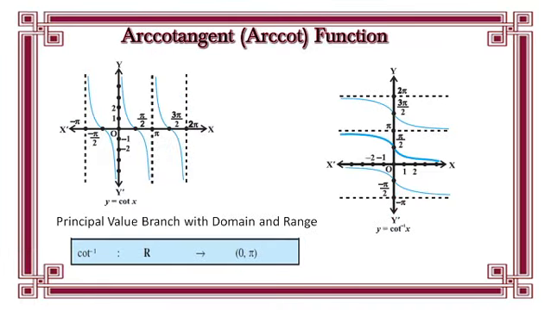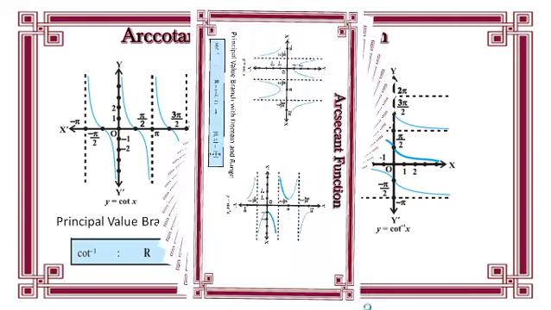Same way for cot inverse x, the domain is all the real numbers and the range is 0 to pi, again in the open interval. As you can see in the graph, at 0 and at pi it is not defined.